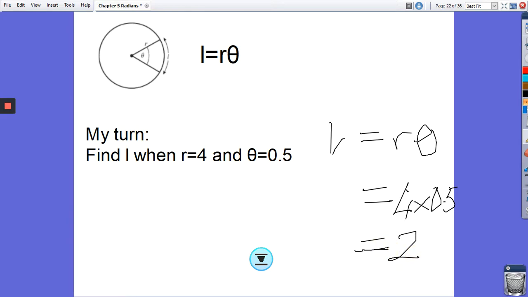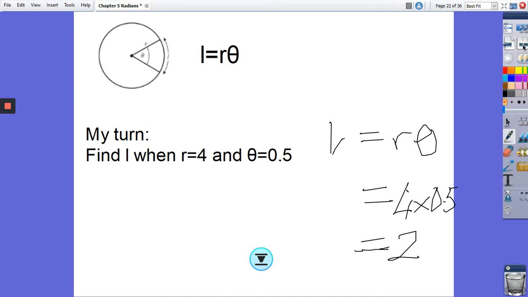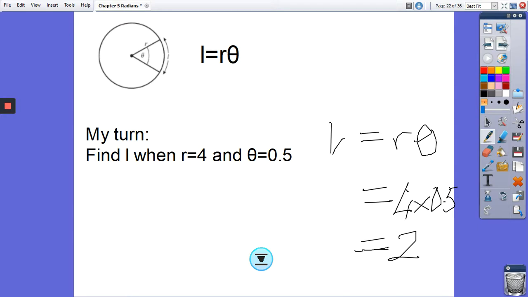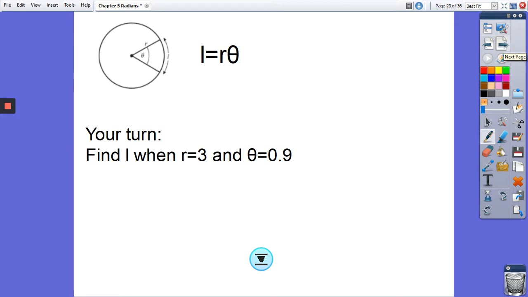A very badly written 2, but 2 nonetheless. Okay, make a note of that in your notes, and then have a go at this question here. Hopefully equally straightforward. So press pause now, have a go at this question, and I will go through it then.